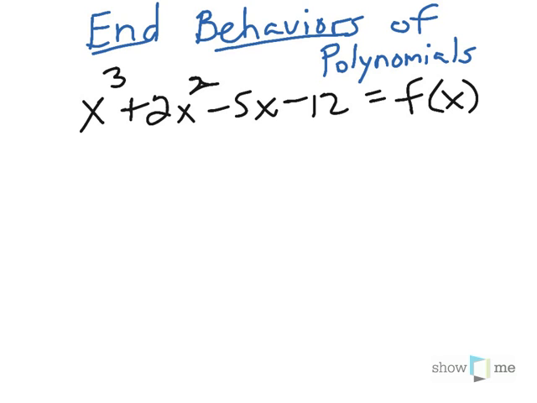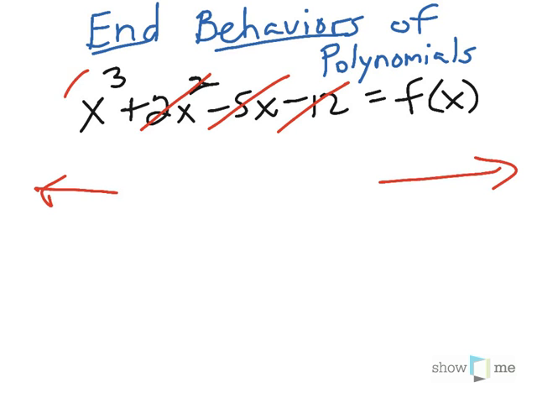This is going to be a little inaccurate, but I can just ignore those other terms. They have an effect on what it does in the middle, where its ups and downs are. But the only thing that really has an effect way out at this end and way out at this end on a graph is the first term. So all we have to do is zero in on that highest exponent.